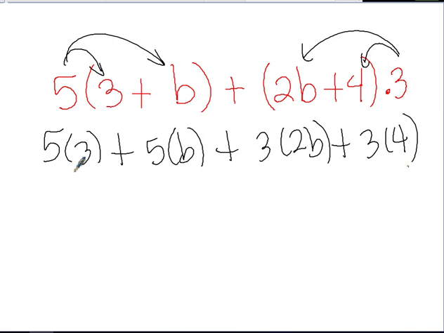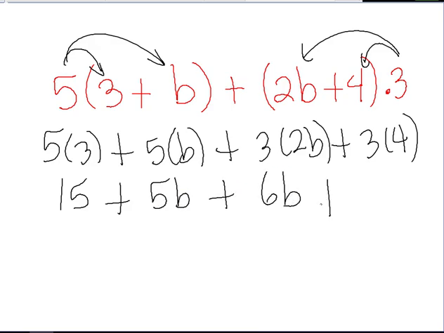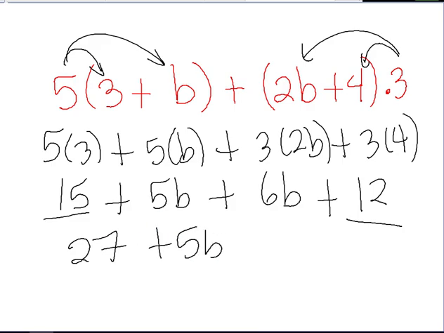Do my math now. 5 times 3 is 15. 5 times b is 5b. 3 times 2b is 6b. And 3 times 4 is 12. My 15 and 12 are both constants. So since they're both positive, I'm going to add 15 plus 12 to get 27. Bring down the 5b.